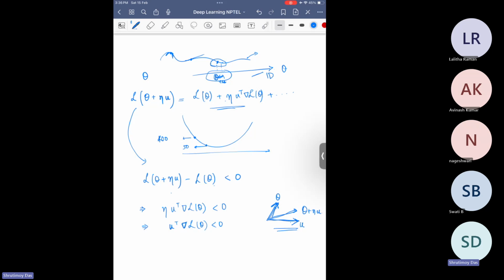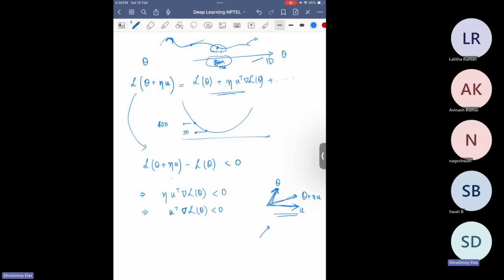So now what we want is that this new direction and the old gradient, the dot product, should be less than zero. Because it should be less than zero, we have some vector here, say gradient of L theta, and another vector, say u, and the dot product is basically cosine, and we want the cosine to be less than zero.